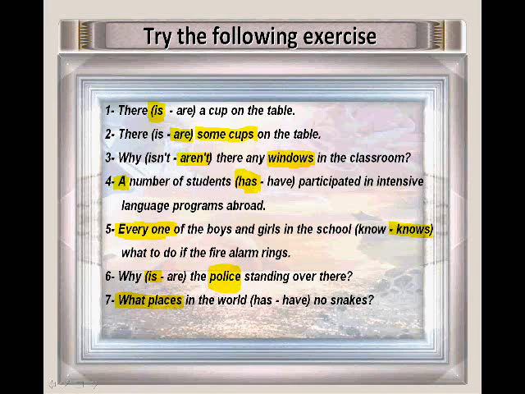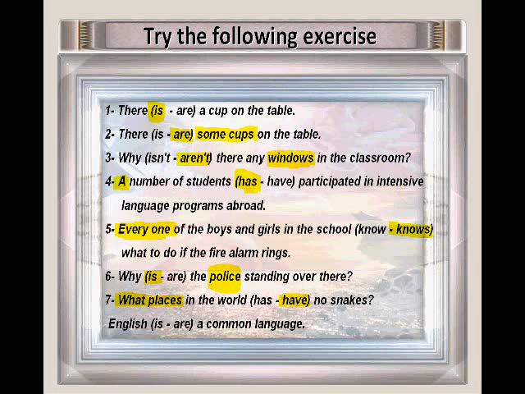Can I say what places in the world has no snakes? Do you think this is correct? Does it make sense? No, it doesn't. So of course places is plural, then I have to put the verb into the plural case, which is have. So it will be, what places in the world have no snakes? Again, in the world, this is extra information.